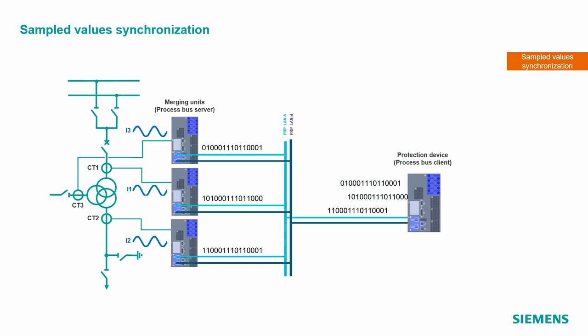Not all the values are going to arrive at the destination at the same time. So what the device is going to see is something like this: some values arriving first and others arriving later.